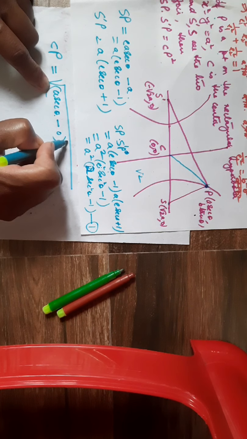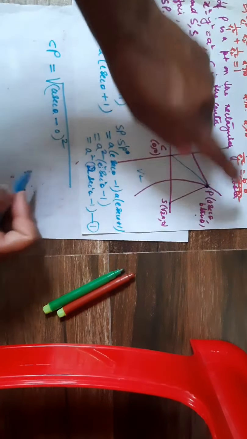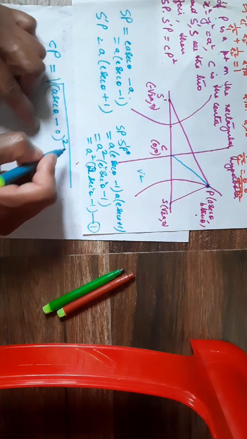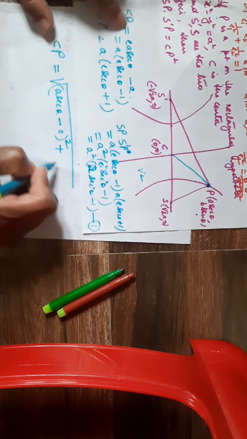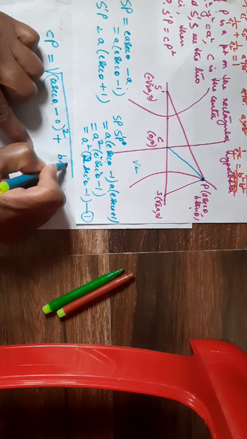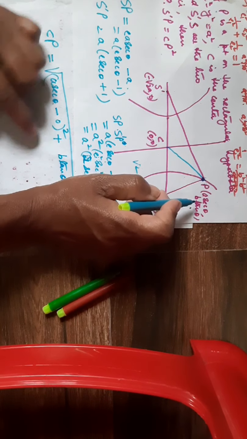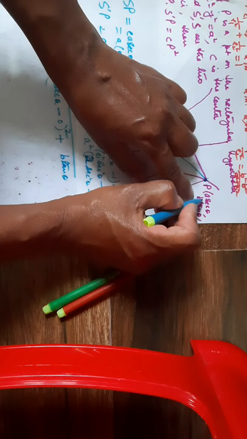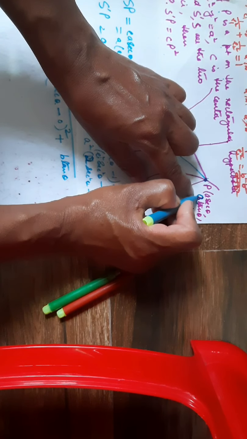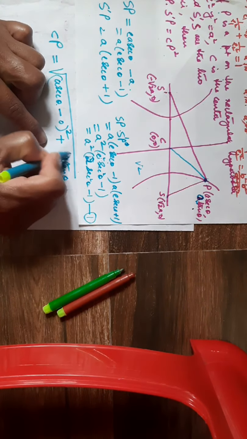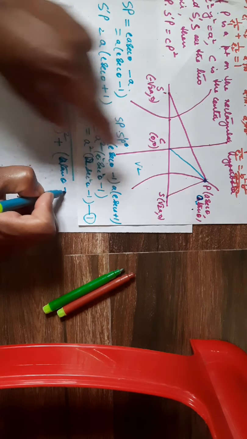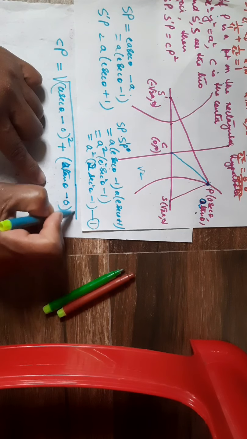The x coordinate of P is a secant theta and the x coordinate of C is 0. But for a rectangular hyperbola, b is equal to a, so it will be a tan theta minus 0, the y coordinate of C, the whole square.